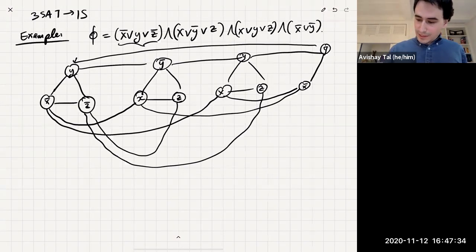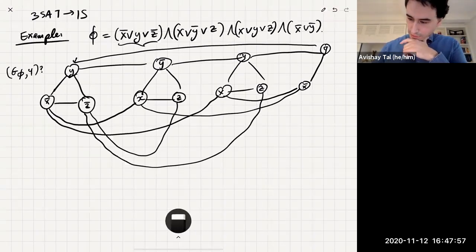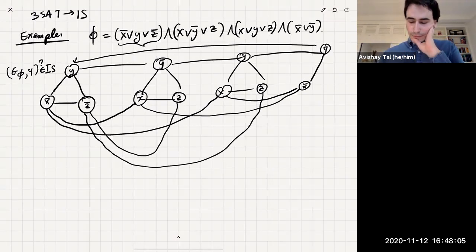And now I've got this graph G, which depends on this formula phi, so I denote it by G of phi. And I'm going to ask whether this graph G phi has an independent set of size 4. So whether this tuple of the graph and the number 4 is in the language independent set.